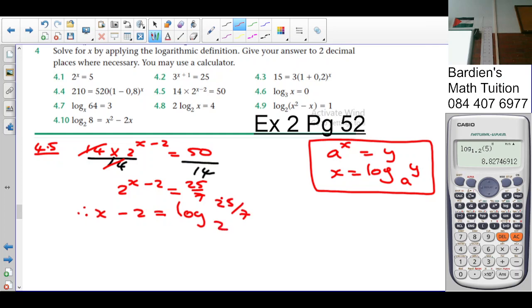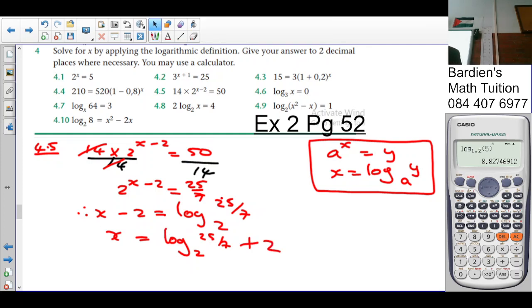Now I can take the 2 over the equal sign, so x is equal to log 15 over 14 base 2 plus 2. On the calculator, that gives me 2,10.